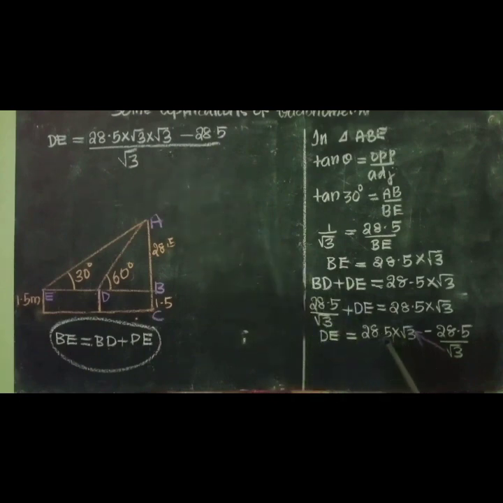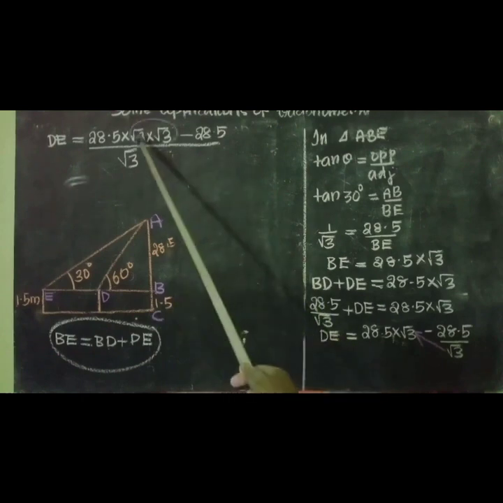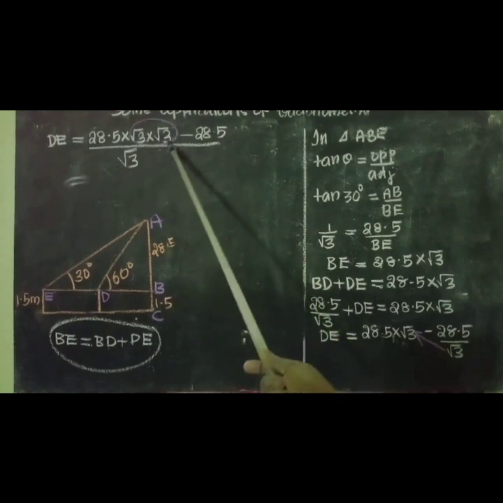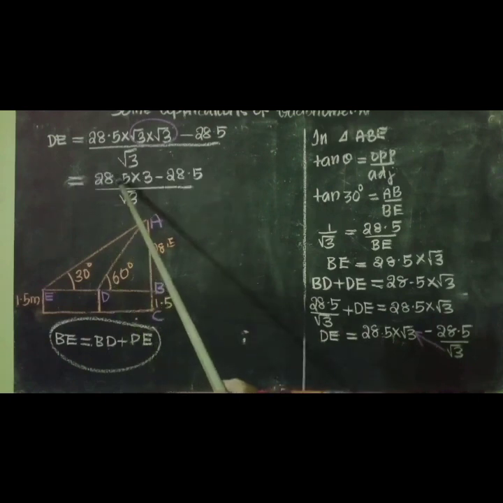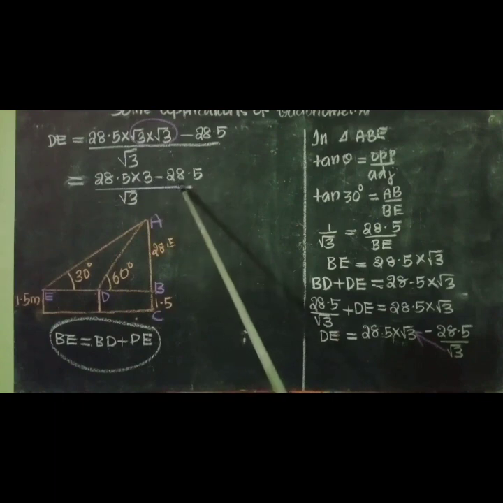This is 28.5 into root 3. Then this root 3 also multiplying to here, minus 28.5 whole divided by root 3. Now we know root 3 into root 3 equal to 3. So we get 28.5 into 3 minus 28.5 whole divided by root 3.